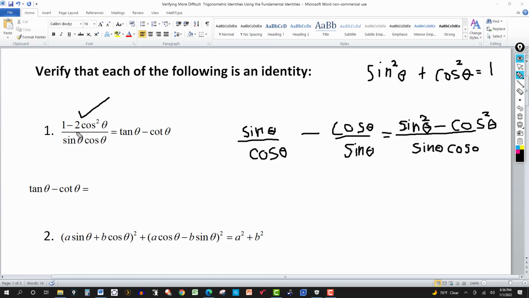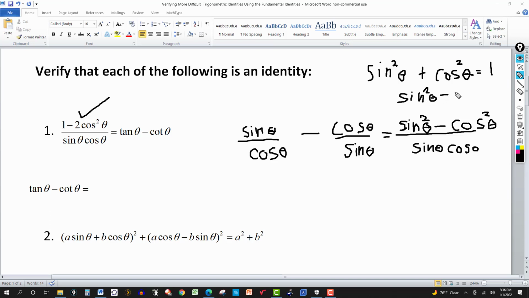So I can see that on the left side, in the numerator, I don't have any sine. I just have cosine. So that tells me that from this right here, and I did this in another identity, I can solve this for sine squared theta.